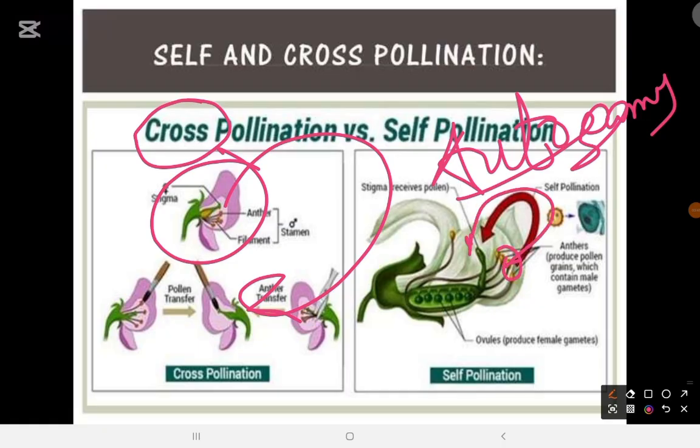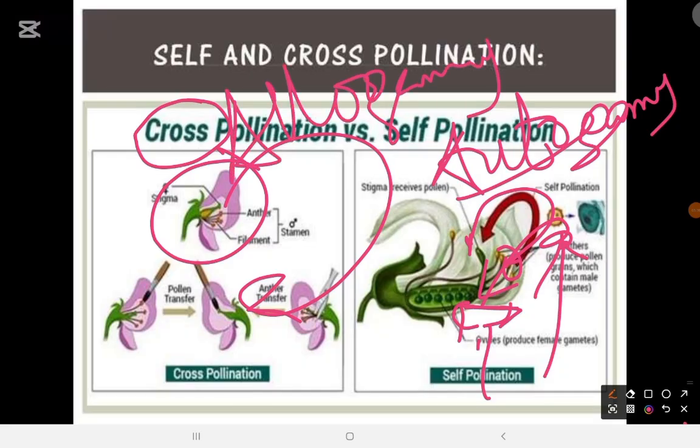Usually in plants that do this, the anther is borne higher than the stigma, so pollen grain can easily fall. So that is called autogamy, while the transfer of pollen grain from the anther of one flower to another is called allogamy.